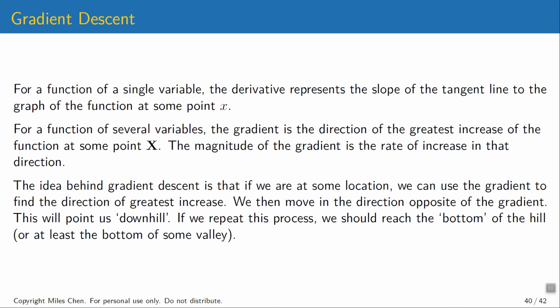So the idea behind gradient descent is that for a function of a single variable, the derivative represents the slope of the tangent line at some point x. When we have a multidimensional function, a function of several variables, the gradient is the direction of the greatest increase of the function at some point x. It's like a tangent line, but in higher dimensionality.